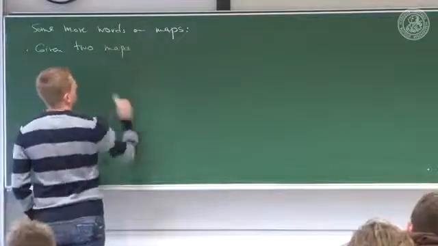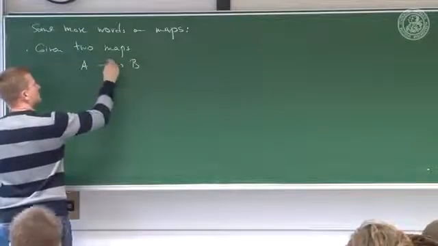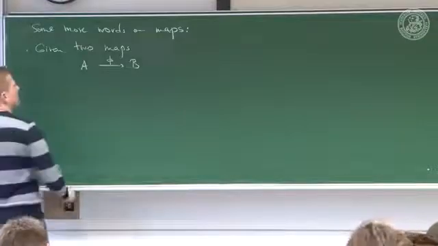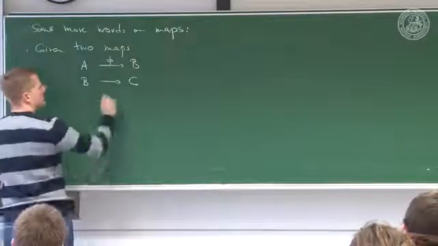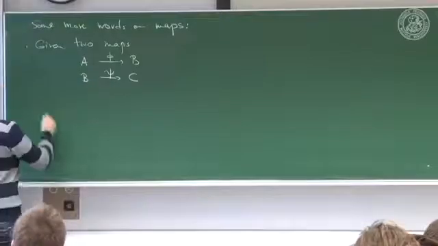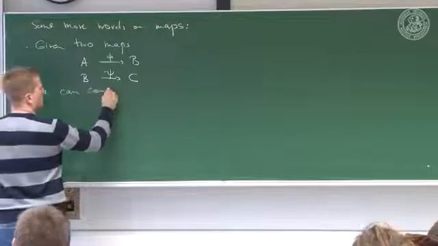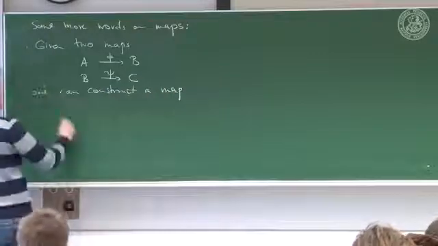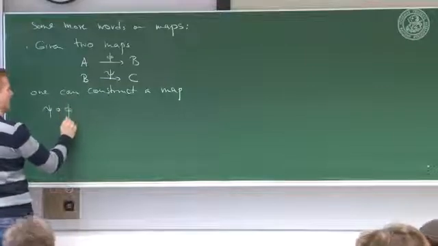Given two maps, and sometimes it's convenient to denote the map on top of the arrow, from A to B, and another map from B to C, let's call this other map psi. Given two maps, one can construct a third map.